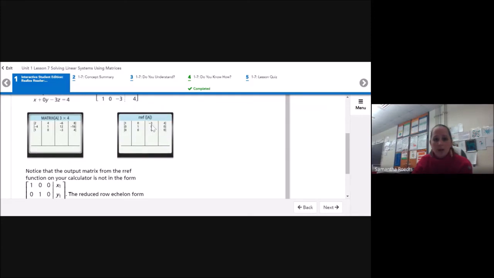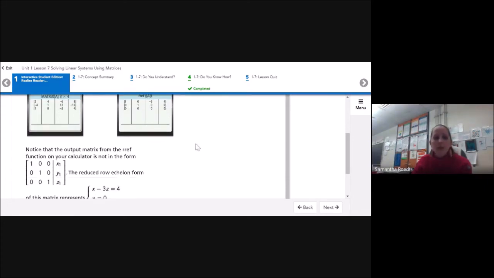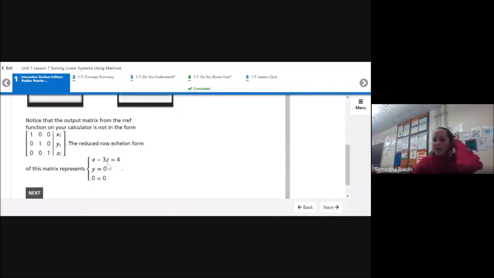There is an extra variable here. Okay, so 1, 0, negative 3 is 4, 0, 1, 0 is 0, and 0, 0, 0 is 0. Okay? So this matrix represents that x minus 3z equals 4, y equals 0, and 0 equals 0.